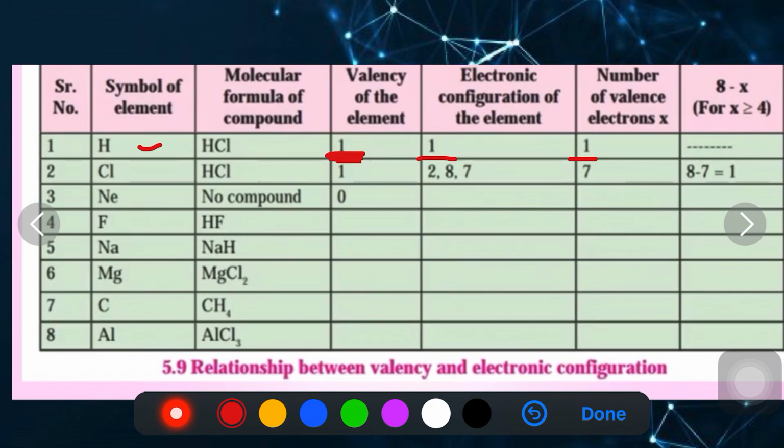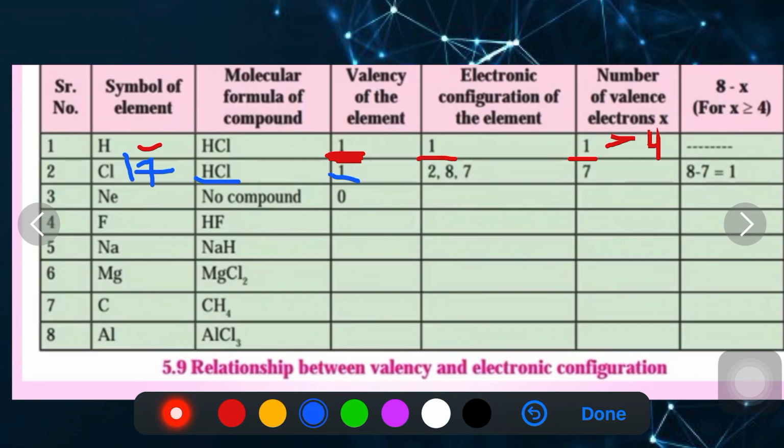That is 1. Let us see now the second one, Cl, that is chlorine. Okay, which compound? HCl. Again, valency of the element is 1. How 1? We will see that. Atomic number of chlorine is 17.